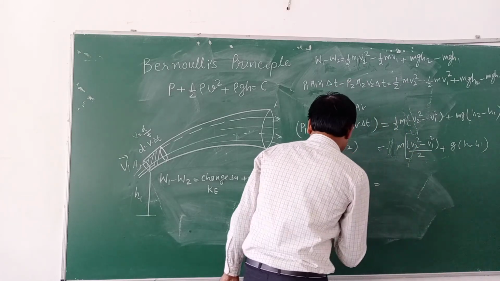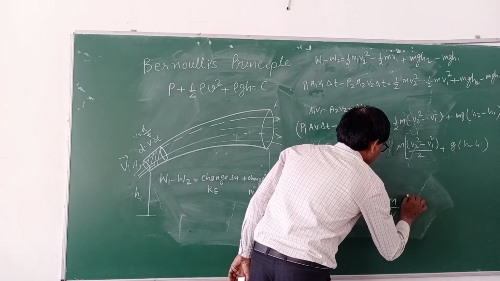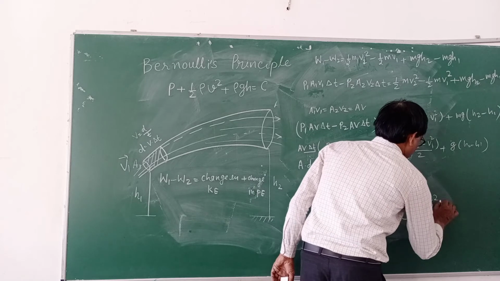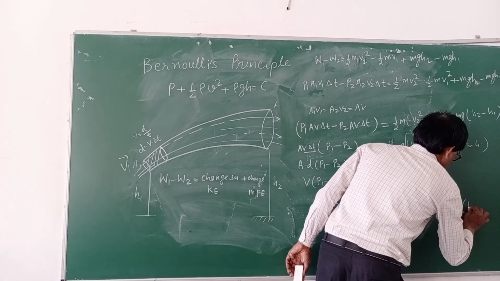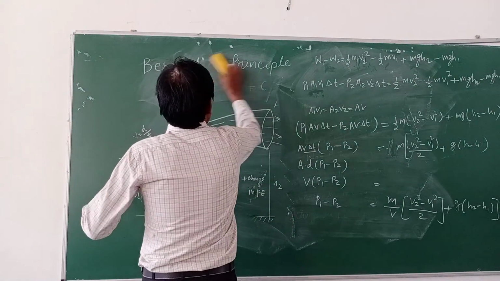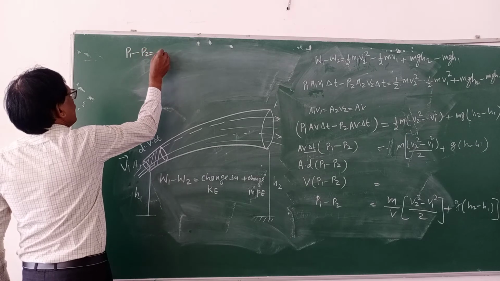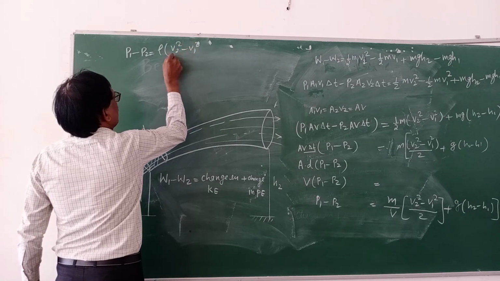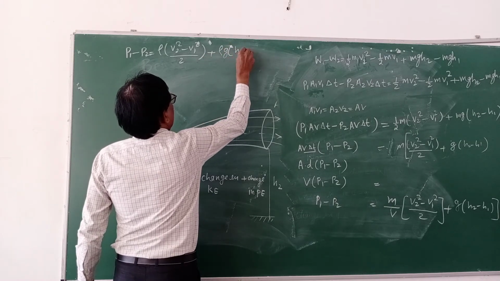So when we write here P1 minus P2, this will go here: m by V, V2 square minus V1 square upon 2, plus g into h2 minus h1. What will be mass upon volume? It will become density. So P1 minus P2 is equal to rho times V2 square minus V1 square by 2 plus rho g h2 minus h1.